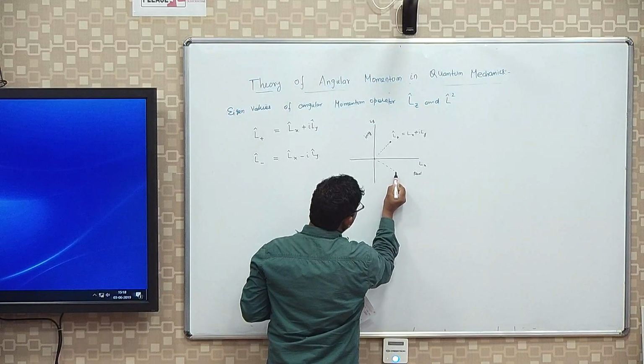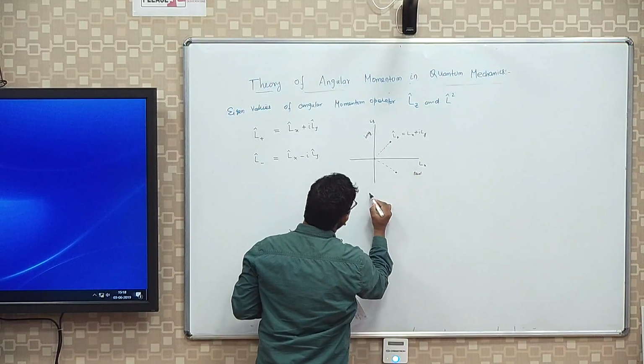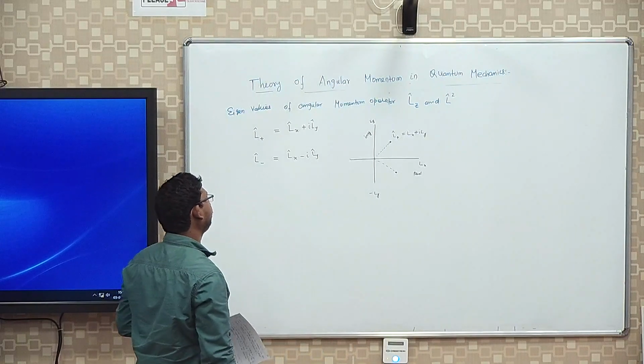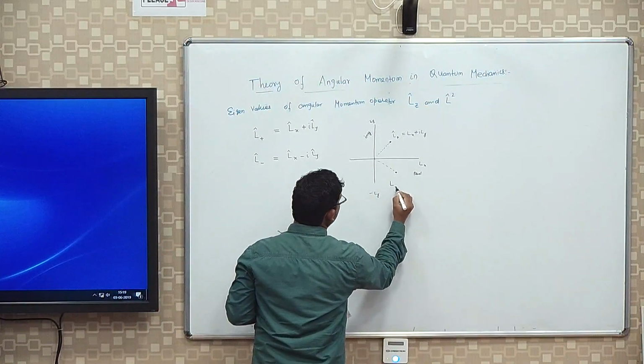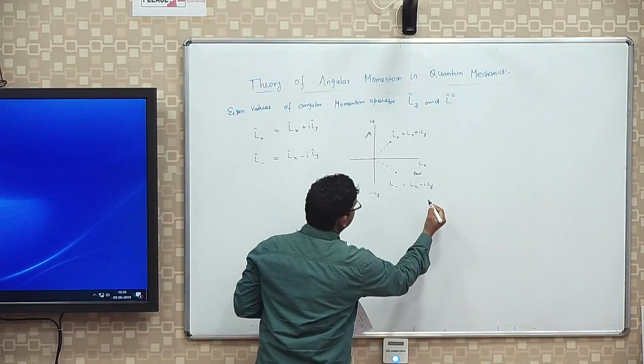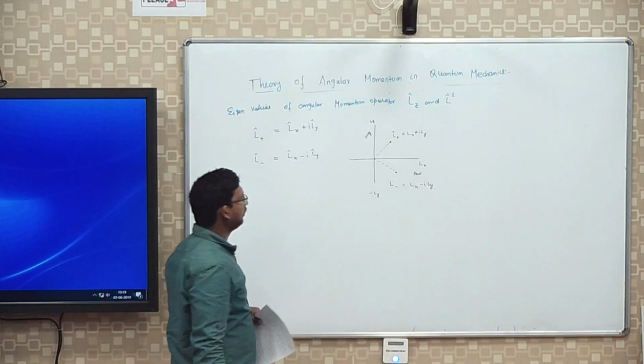If we are moving in this direction, Lx to minus Ly, we call it a lowering operator. So this L minus is nothing but Lx minus iLy.